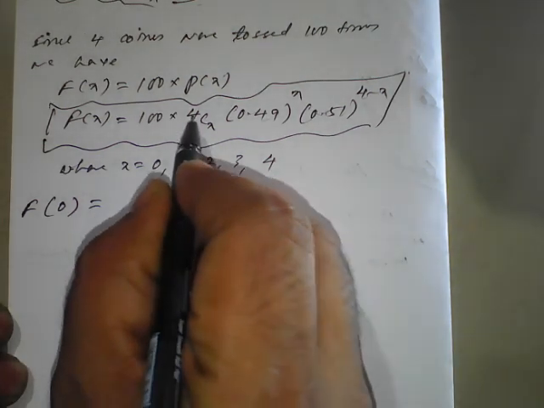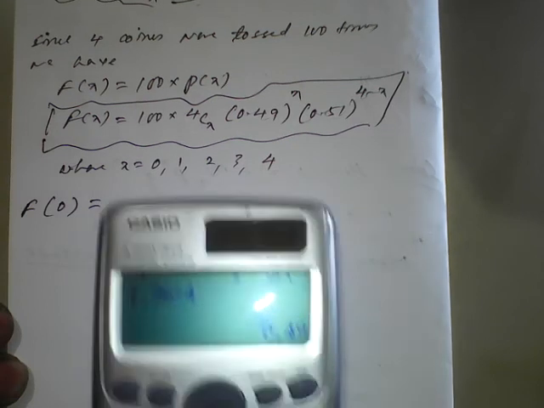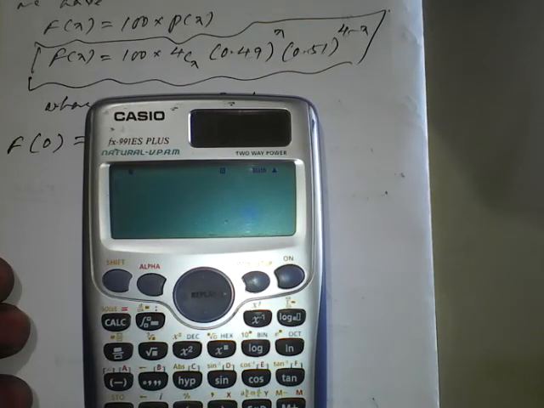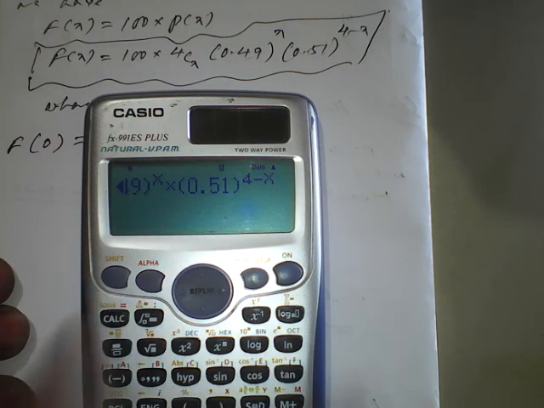You can directly frame this formula in the calculator: 100 into 4C alpha x into bracket 0.49 raised to alpha x into bracket 0.51 raised to 4 minus alpha x, calc option.